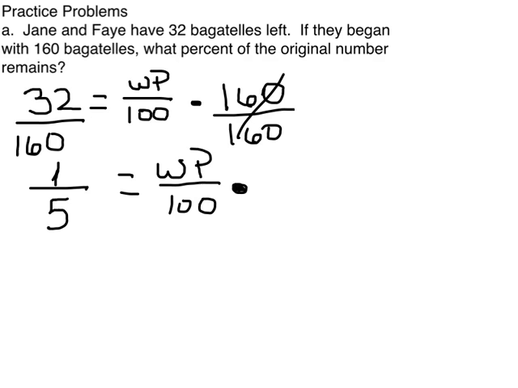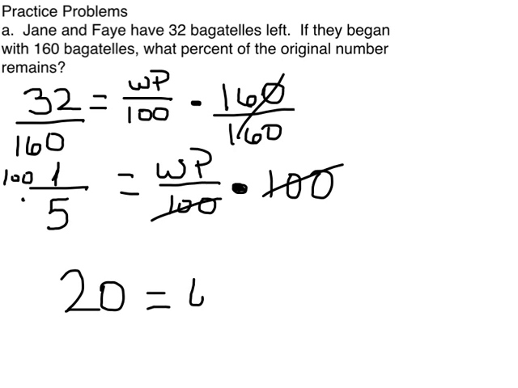Now we know that we have to multiply by 100 so that this can cancel out. So I'll multiply by 100 over here, and then 100 divided by 5 is 20 equals what percent?